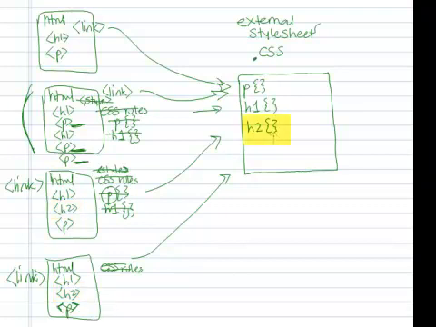All I have to do is change one rule right here. And suddenly, I'm making a change to my whole website. Hundreds and hundreds of pages have just changed by me changing one rule in one file.